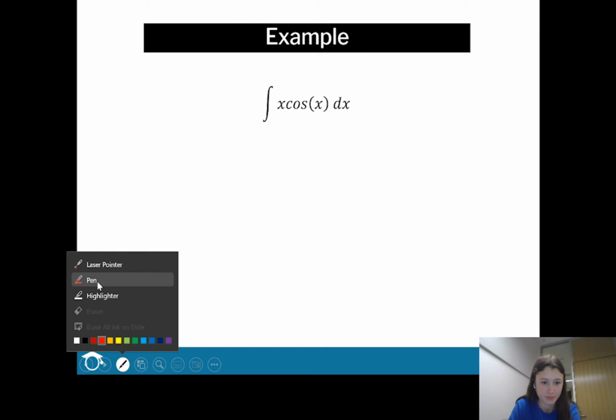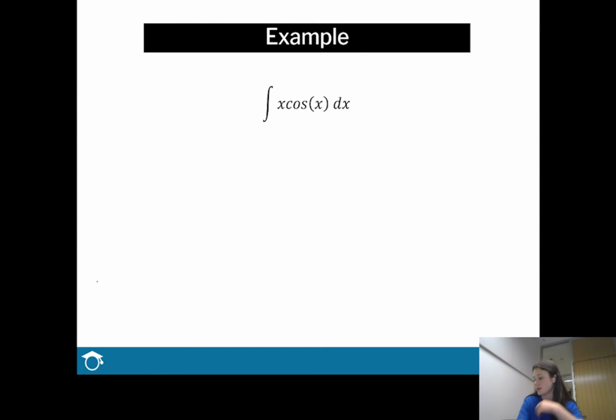In this case, what we need to think about for identifying u and v dash is that u needs to be the function whose derivative would cancel out something that we don't want from the integral, or whose derivative is going to get rid of any x's at all.